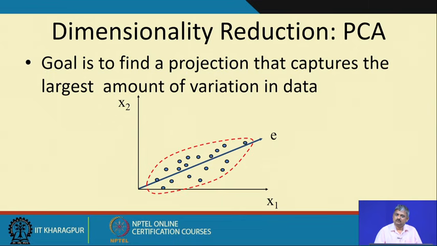The distribution, the spread, all these are more or less preserved. So, this direction E is called the principal component of this data.